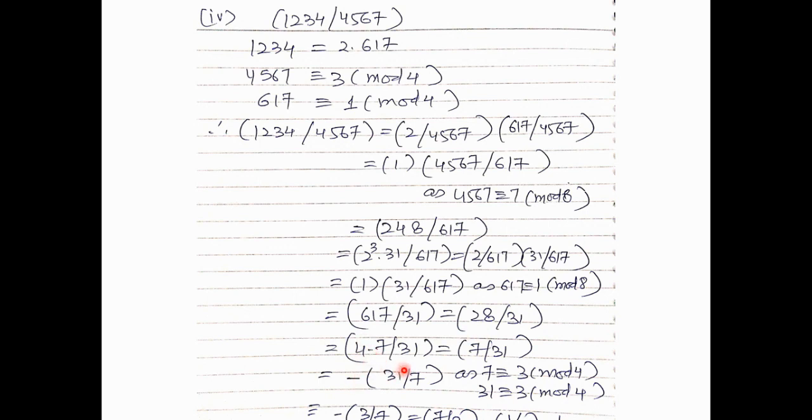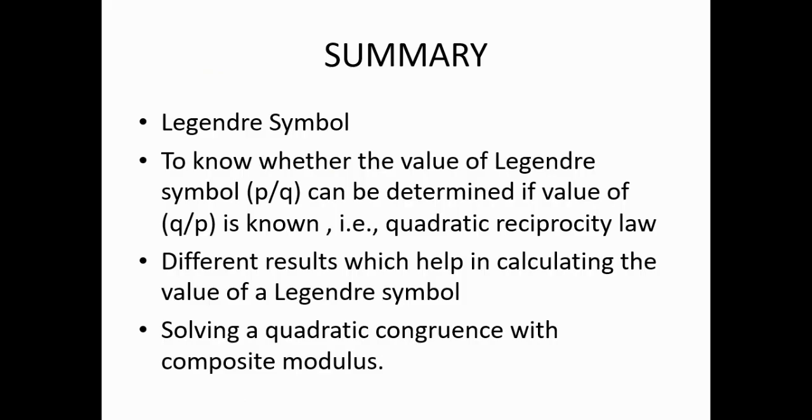So 4 can be deleted. Then we are left with 7 upon 31. Then again, because 7 is congruent to 3 modulo 4, 31 is also congruent to 3 modulo 4. So this is equal to minus 3 upon 7. This is 7 upon 3, and this is equal to 1 upon 3, which is 1. So this Legendre symbol has value 1.